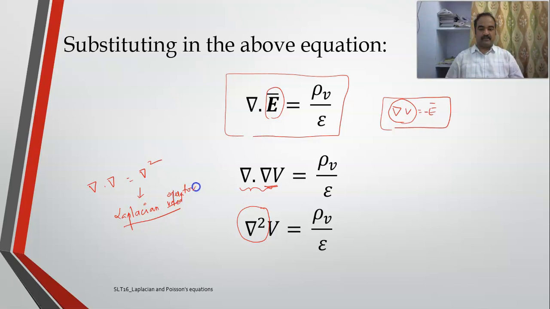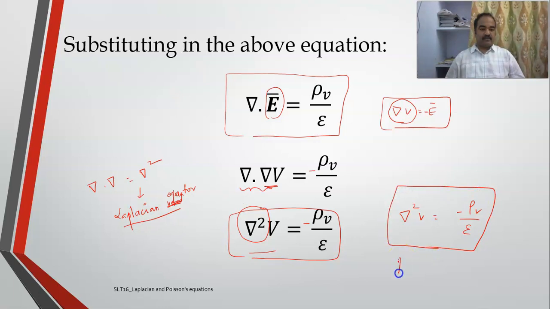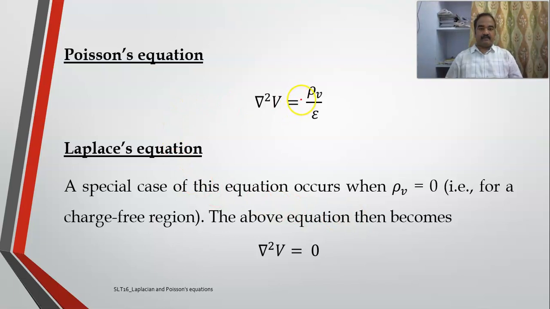Sorry, not a vector, it is a Laplacian operator. So the Laplacian operator of V is nothing but this, and there will be a negative symbol also here. So my final equation is del squared V is equal to minus rho V by epsilon. This is called Poisson's equation.